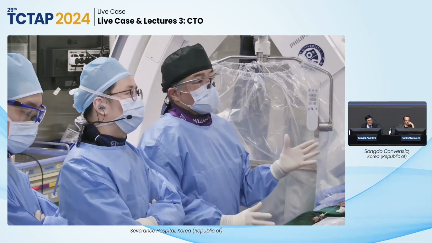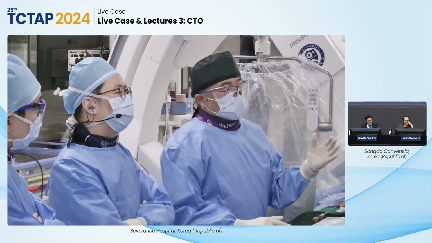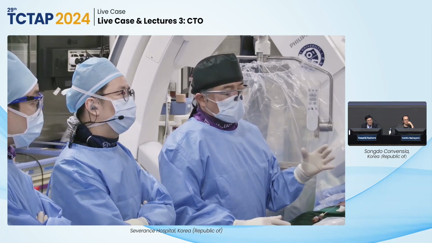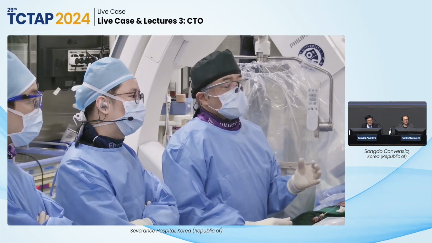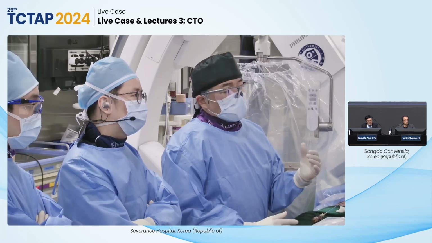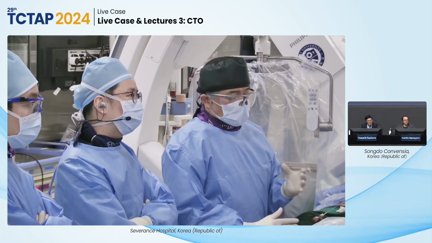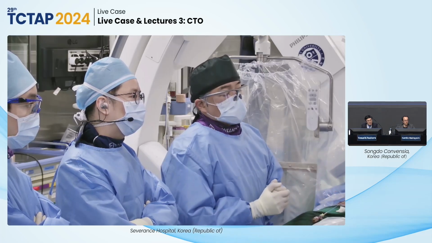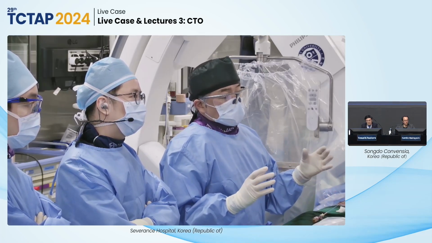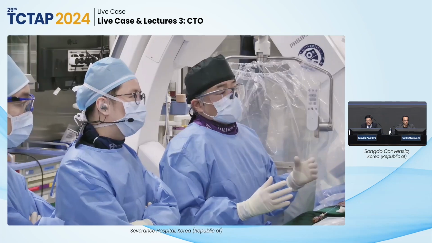So 1 year ago, if we failed the LCX CTO, I thought that this patient would be better for CABG. But luckily, the LAD and circumflex were successfully treated. So that is the reason why we selected the RCA CTO case for this live case.